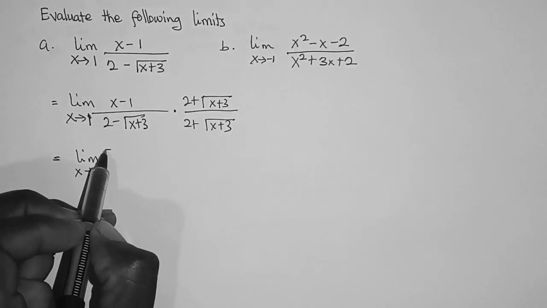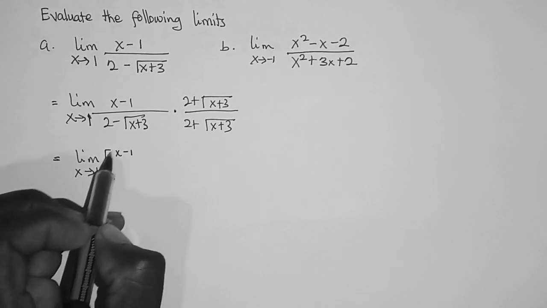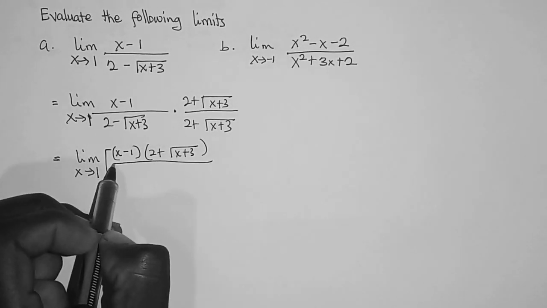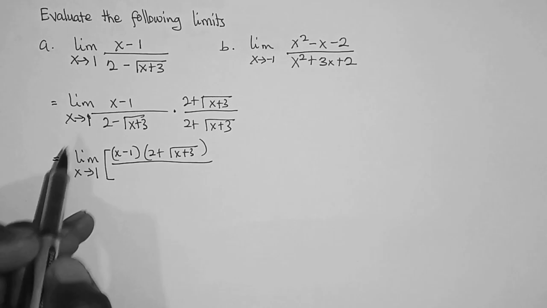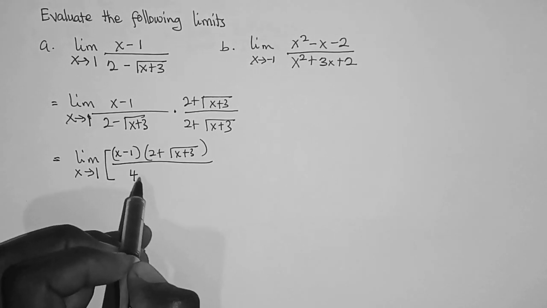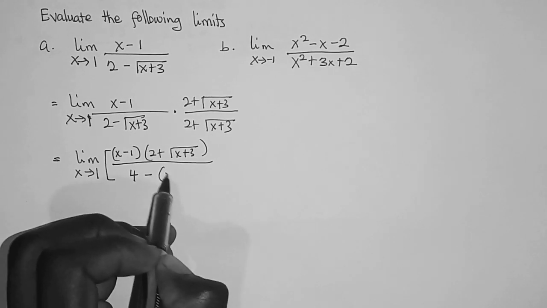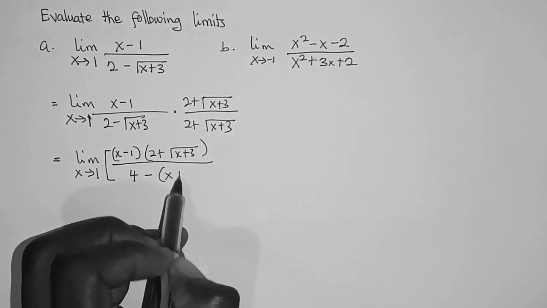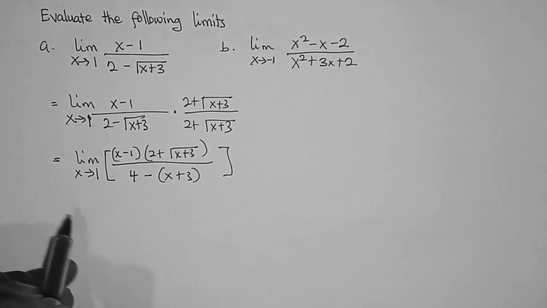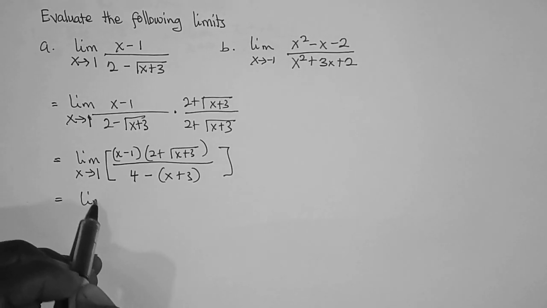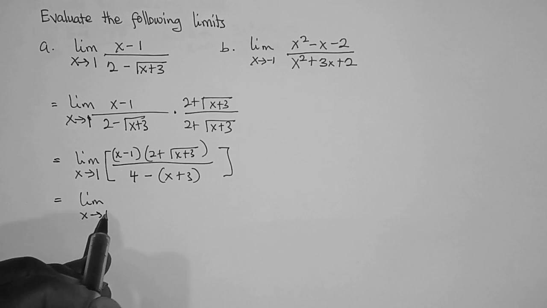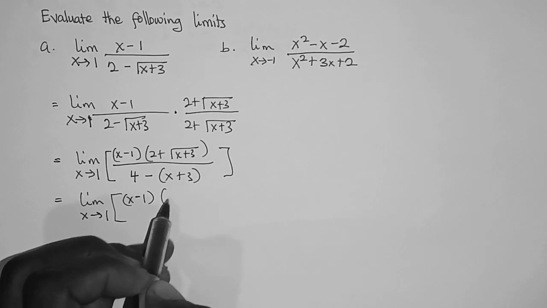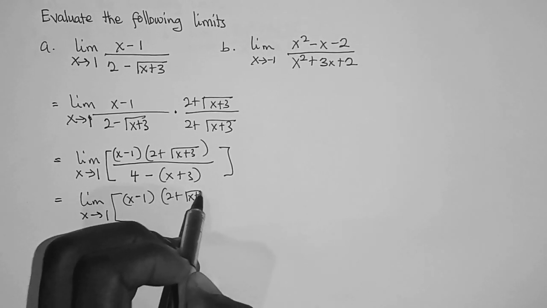So this becomes limit as x approaches 1 of (x minus 1) times (2 plus root of x plus 3), divided by, now this becomes a difference of two squares, so it becomes 4 minus (root of x plus 3 times root of x plus 3, which becomes x plus 3).